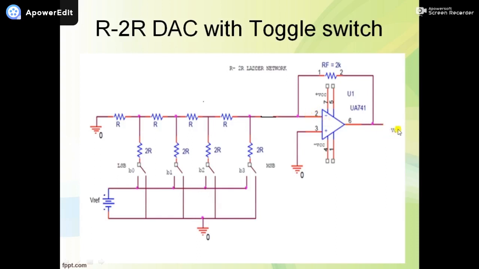Then by applying the V0 equation, we'll get the particular output voltage. So like this, the R to 2R circuit operates to convert its digital input signal to analog output signal by using this toggle switch.